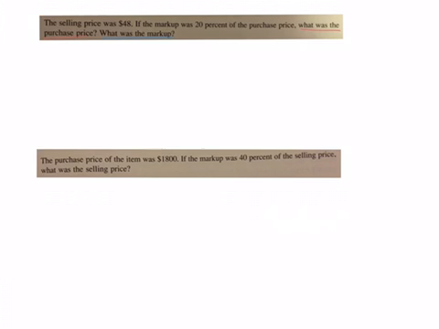We know that the selling price, which is $48, is going to equal the purchase price plus 20% of the purchase price. So notice this is going to be 0.2. If you wanted to say 0.20, you could, but just 0.2.